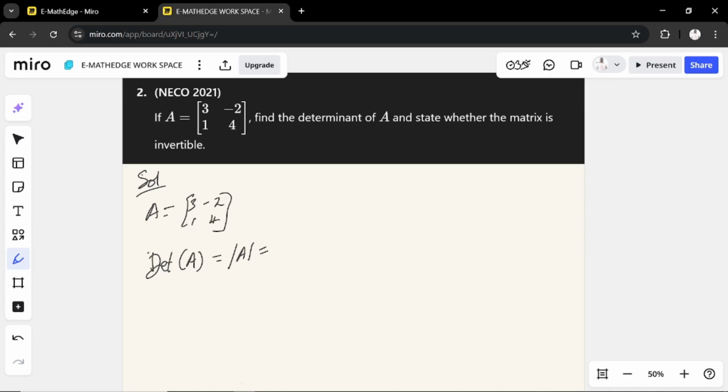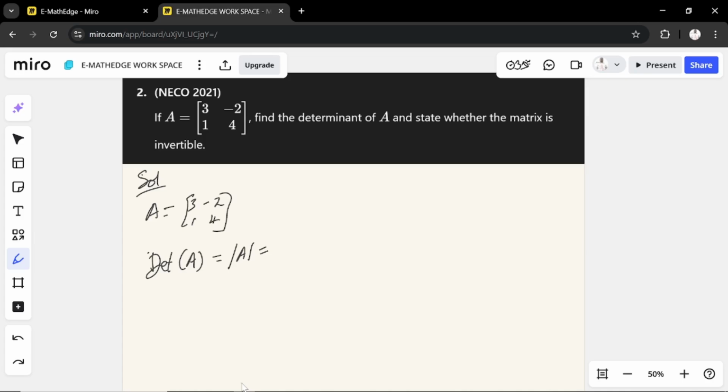This is the main diagonal, which has the elements 3 and 4. And this is the other diagonal. To find the determinant of a 2 by 2 matrix, simply multiply the elements in the main diagonal, then subtract the product of the elements in the other diagonal. So let's go ahead and do that.